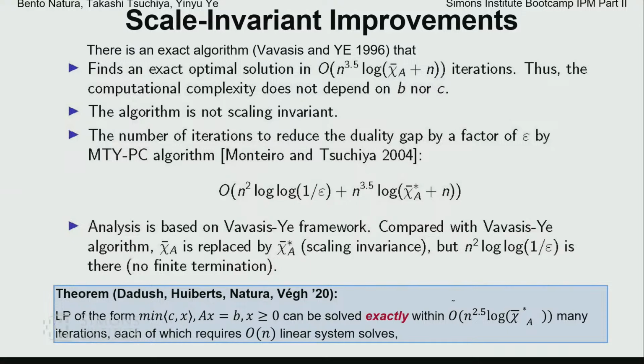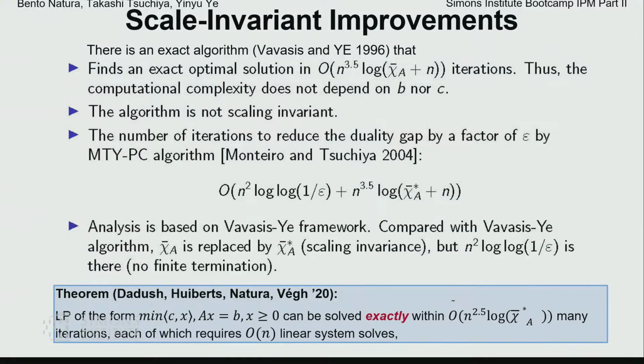Okay? Now the question is, how good are those numbers? You immediately see this: if those condition numbers are bounded by a polynomial in n, you're done. You answered the question. You can find a strong polynomial time algorithm. Well, unfortunately, so far nobody has been able to prove it.